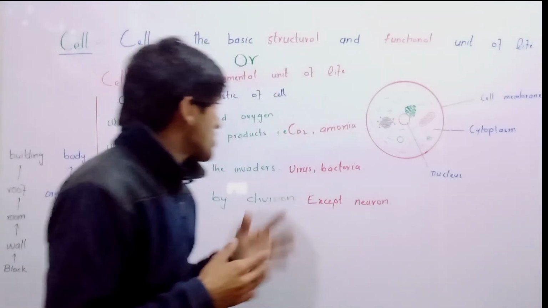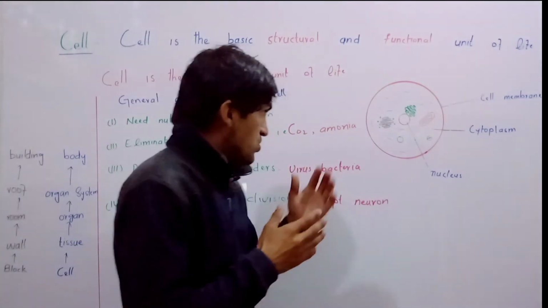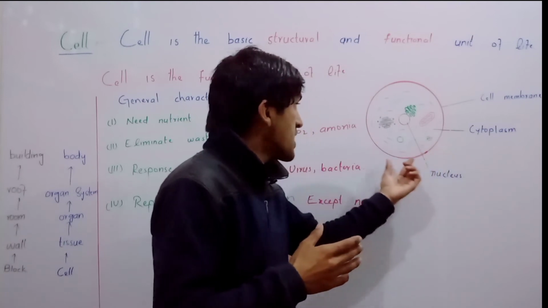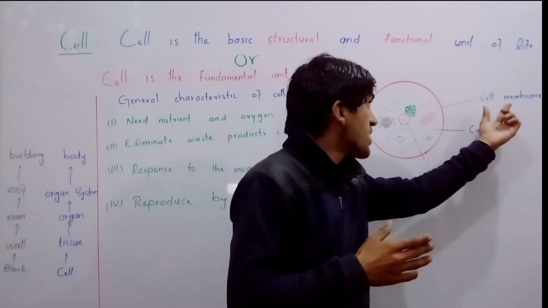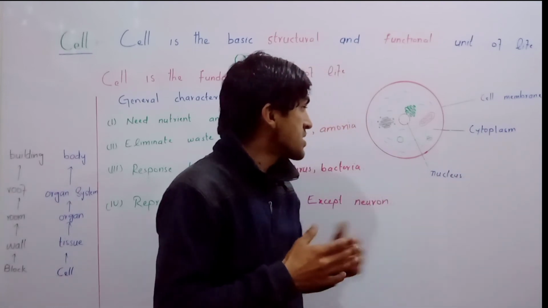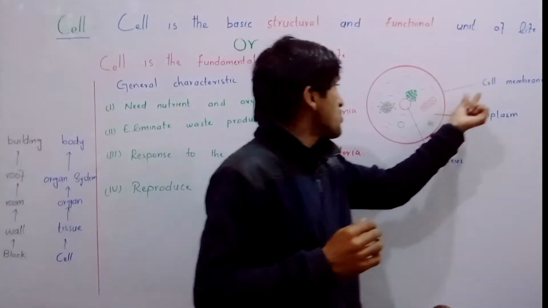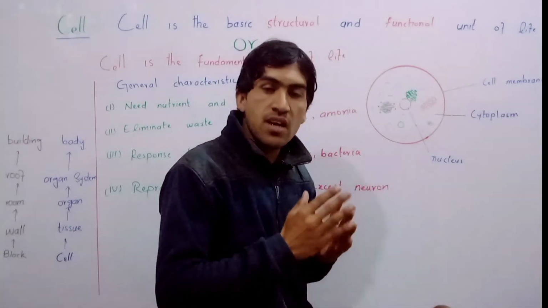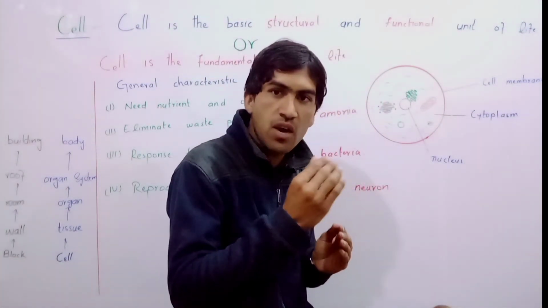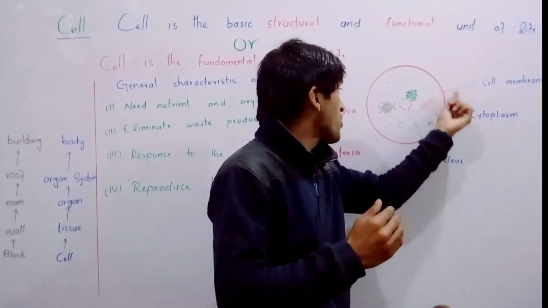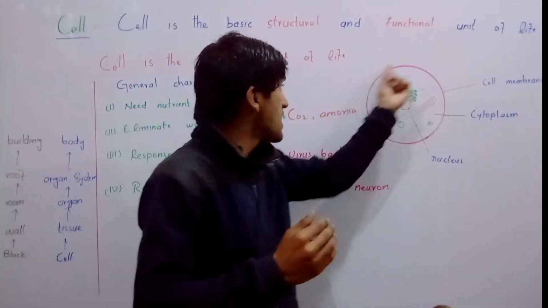Now come to the structure of the cells. A typical cell consists of three main parts, that is cell membrane, cytoplasm, and nucleus. First come to the cell membrane. The cell membrane is the outermost layer, the outermost protective cover that encircles the cell.